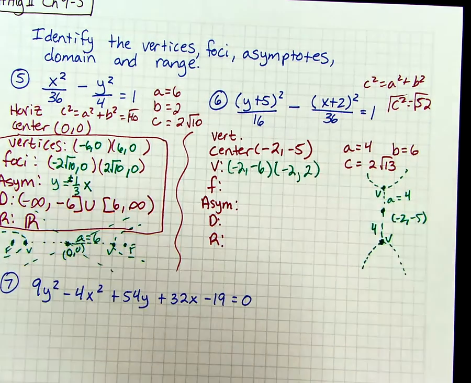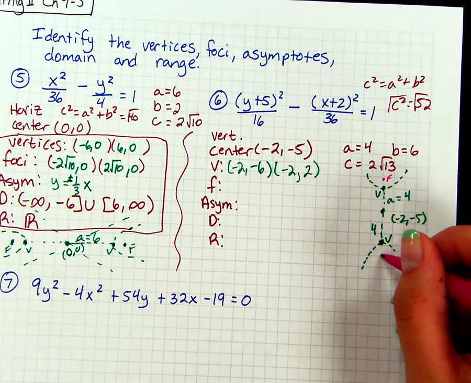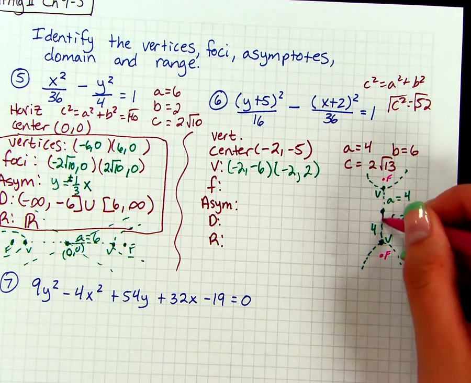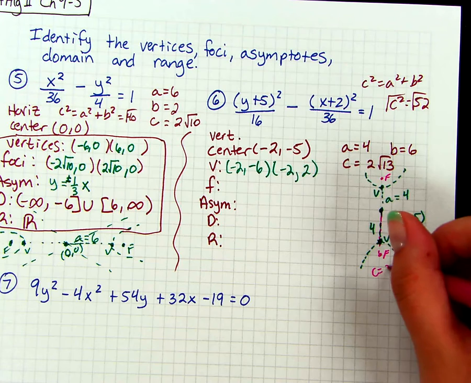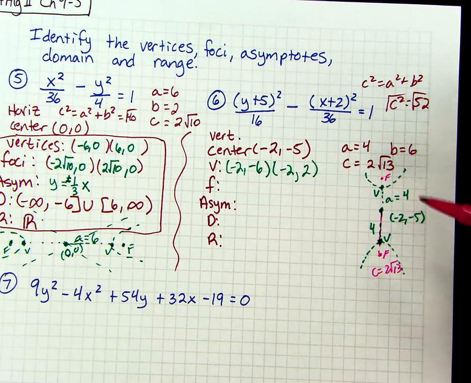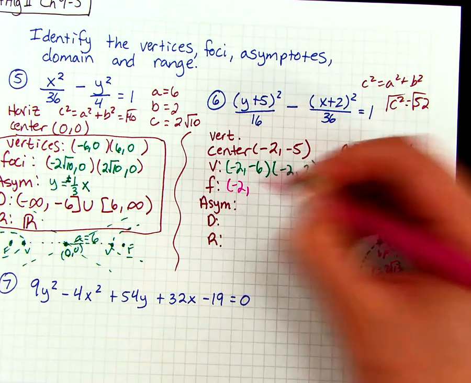And then our c value, those come from the foci, and the focus is always inside of our parabola. From the center to the focus is our c, and we know that c is 2 square root of 13. Because we're going up and down, for the foci the x value is going to be the same as the center, so -2.